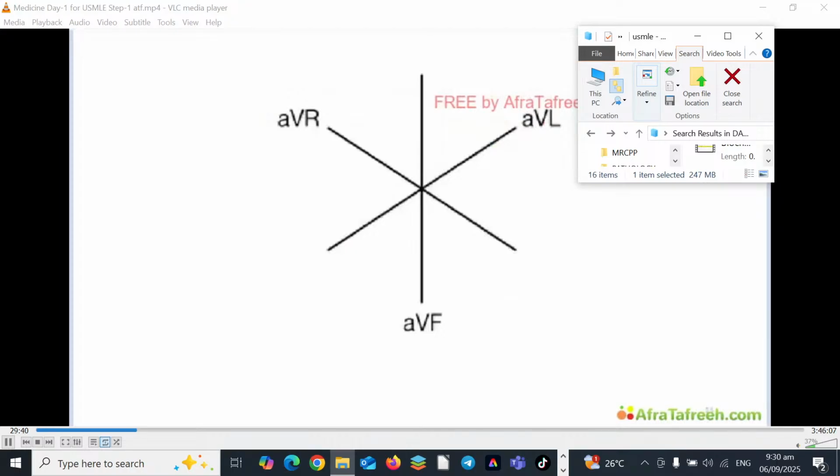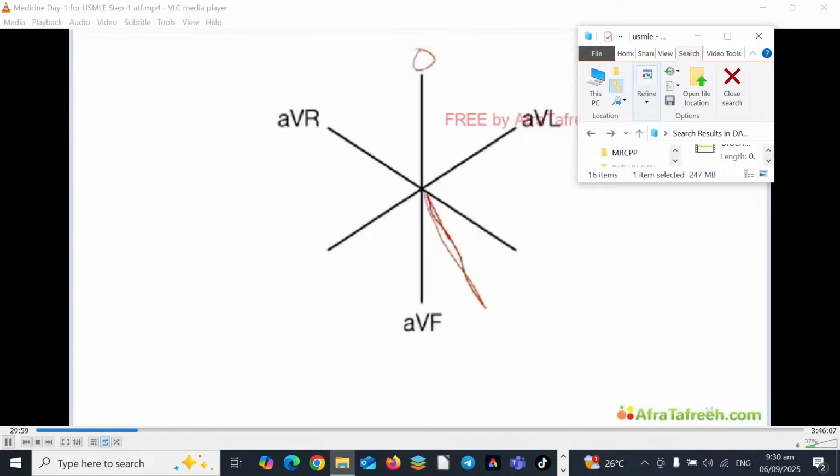When we were talking about the triaxial system, we came up with the 1, 2 and 3 bipolar leads. Now this is a man standing right here who has one more leg here.